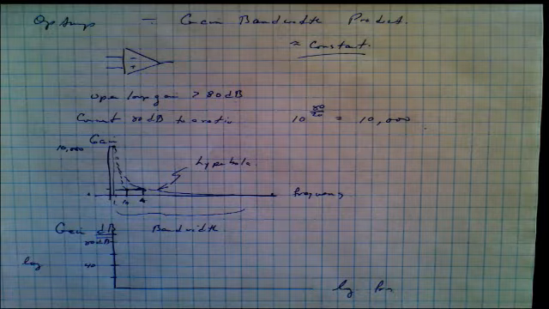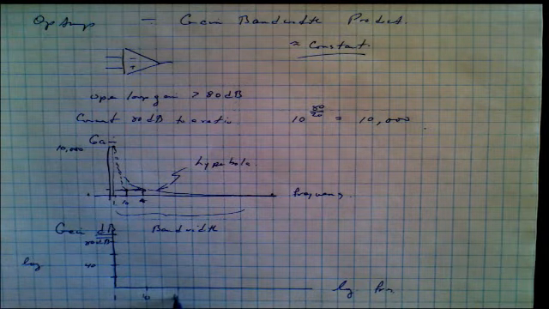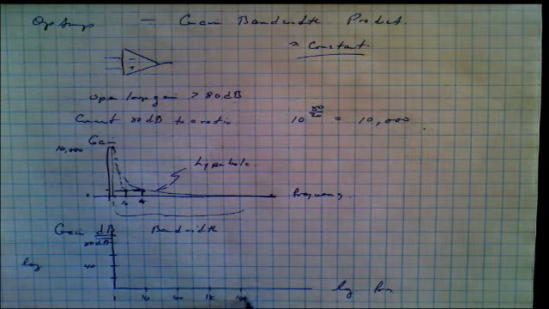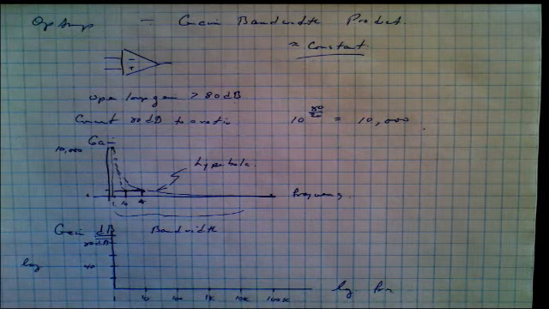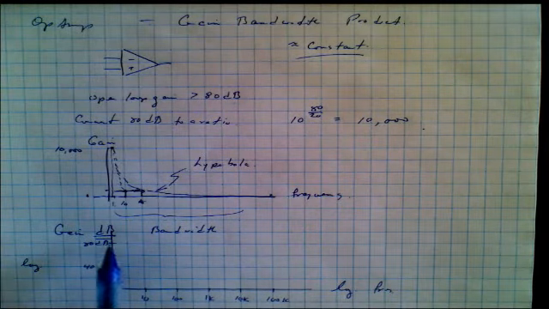And typically we do this by means of decades. So let's call this 1. And this would be 10, 100, 1,000, 10,000, 100,000.